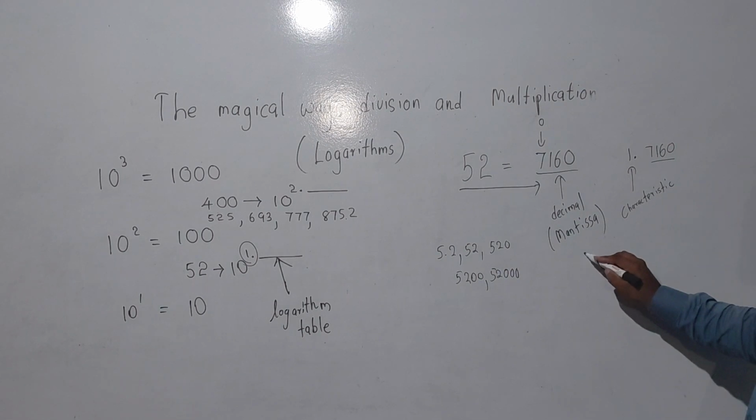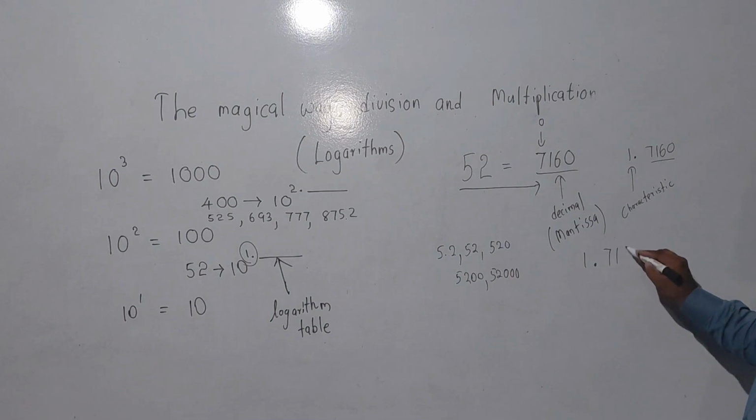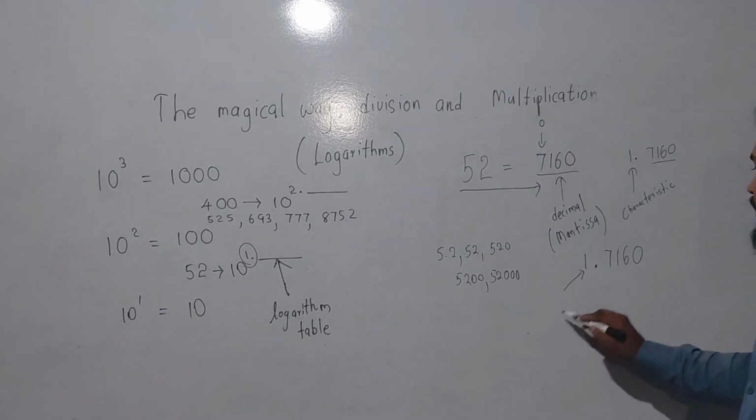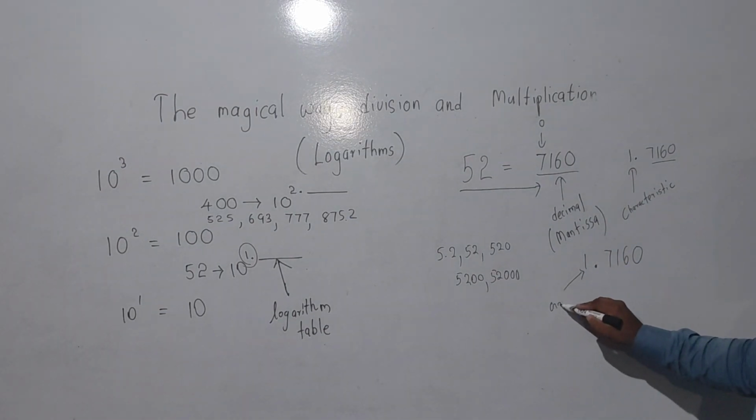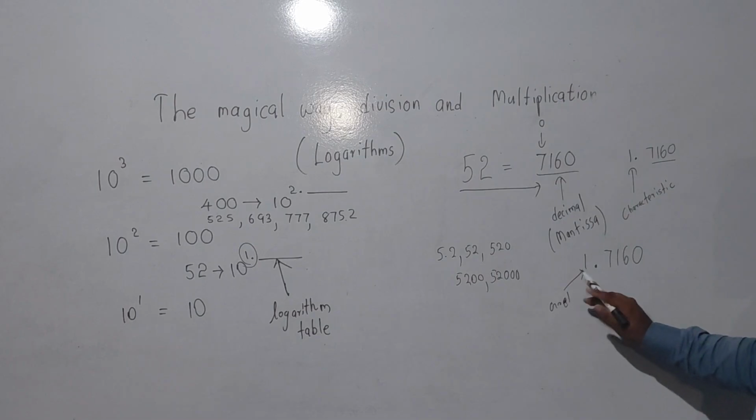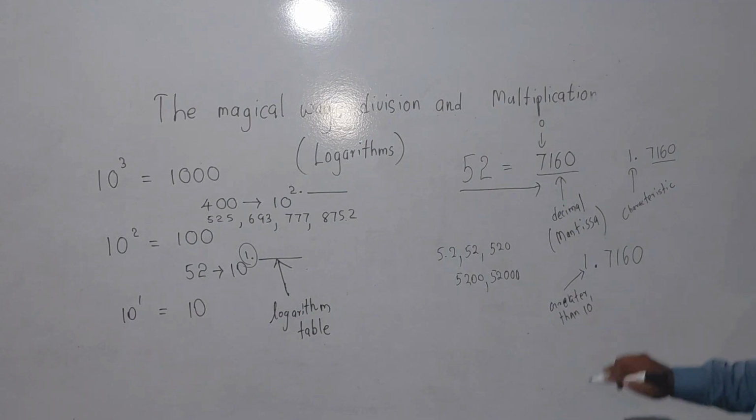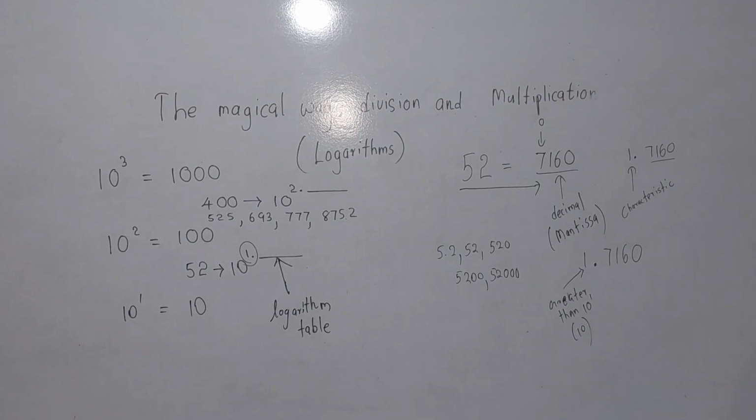So, if I take 1.7160, this log value is telling us this is greater than 10, greater than 10 to the power 1, or 10. And this is showing us where it is located in the log table.